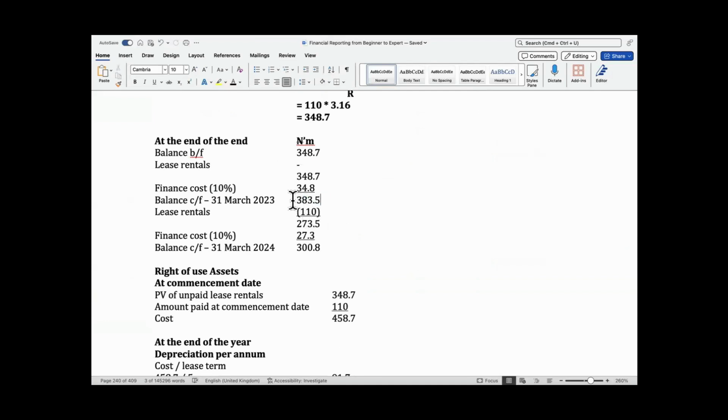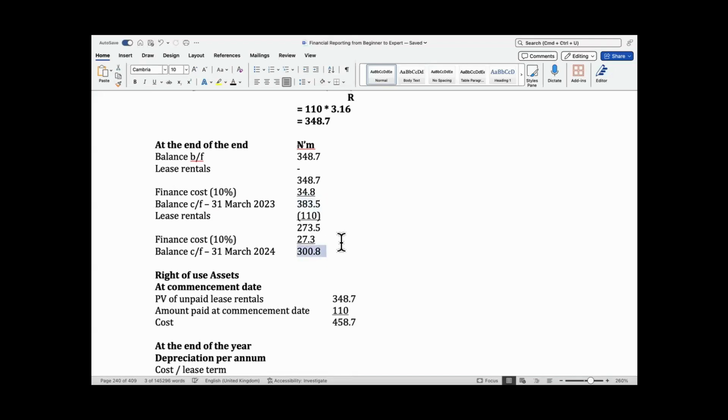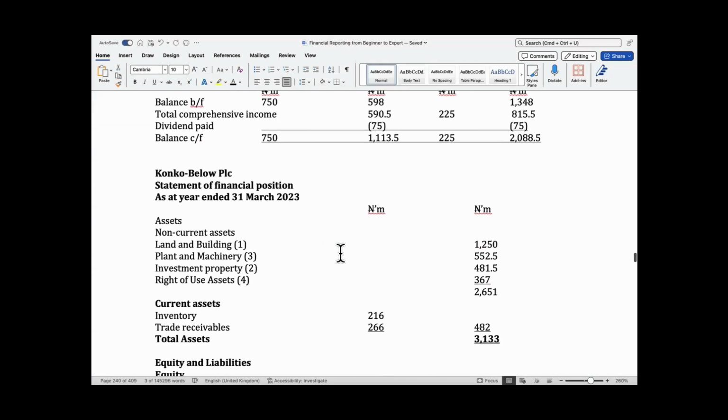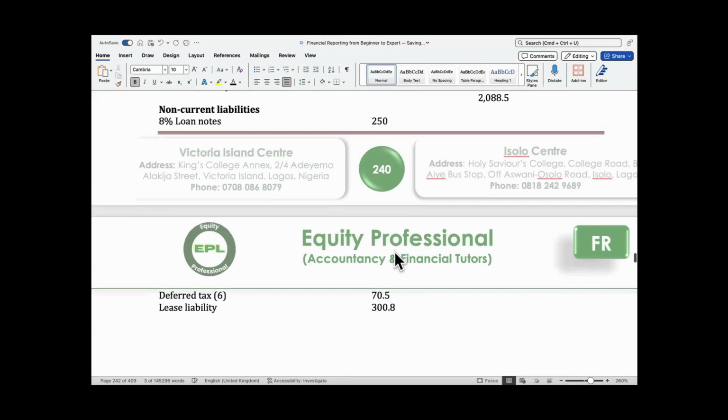I told you that the liability of the year after next is the non-current portion, while the difference between this 383 and this 300.8 is the current portion, which will be current liability. So let's take this as non-current first. If you had revised, this should not be difficult for you. If you have not revised, it definitely will be.